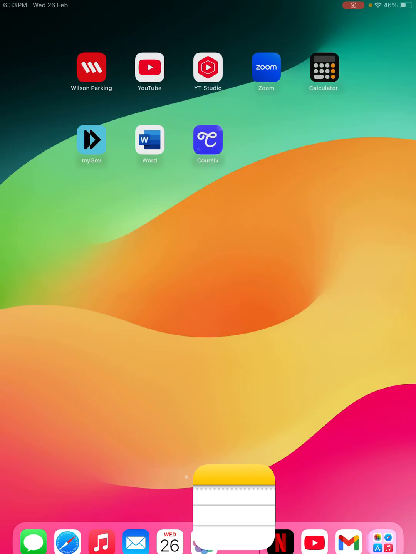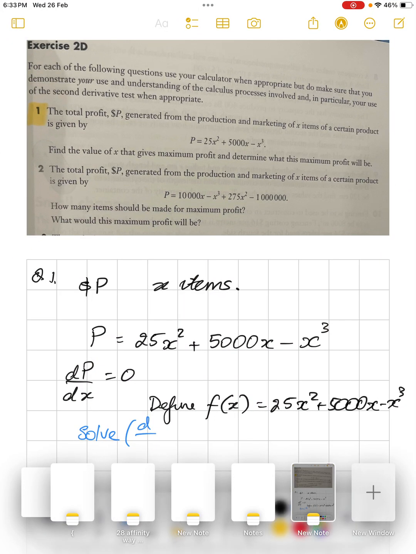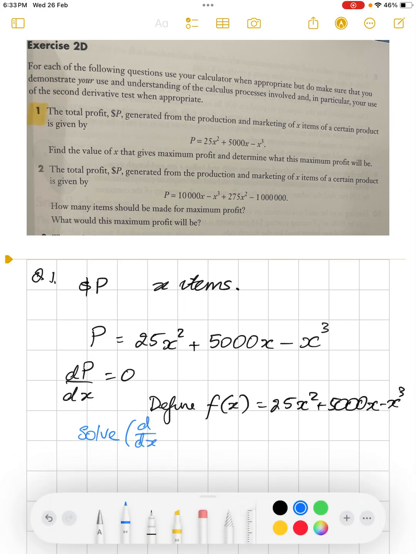You could solve the derivative of the function that you've defined, let that equal to 0, and solve that for x. And if you put that in your Casio ClassPad, it will tell you there are two places where we could get a 0 value for the derivative. It's 50 and negative 33.3 recurring.